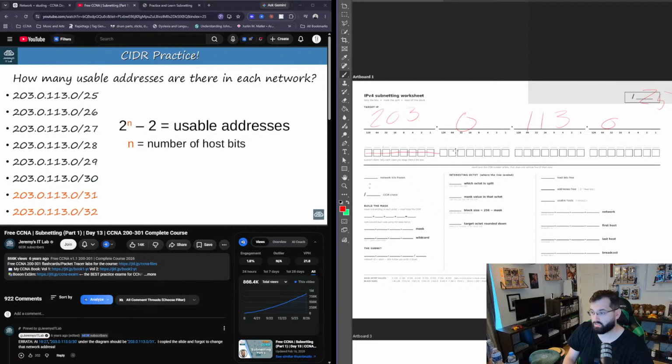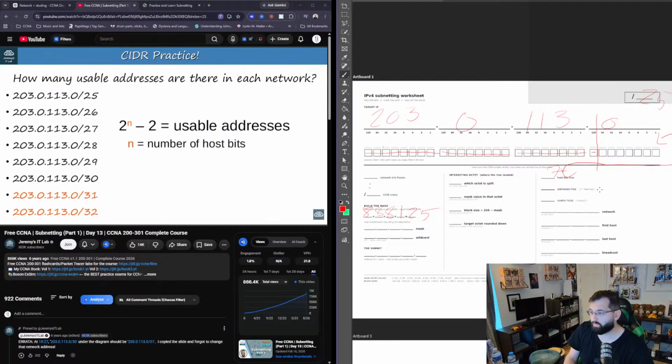So there's 8, there's 16, there's 24, and then there's 25, which means that these are the free bits. So that means we have 7 free bits. Okay, so we have 8, 8, 8, 1. 8 plus 8 plus 8 plus 1 is 25. So that is why we have the 25.